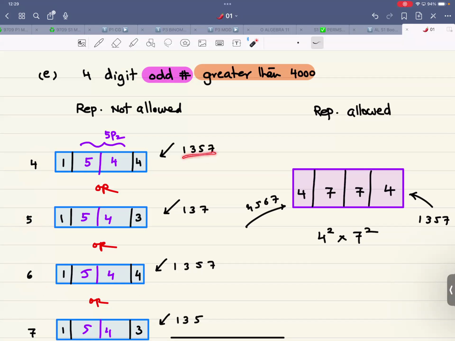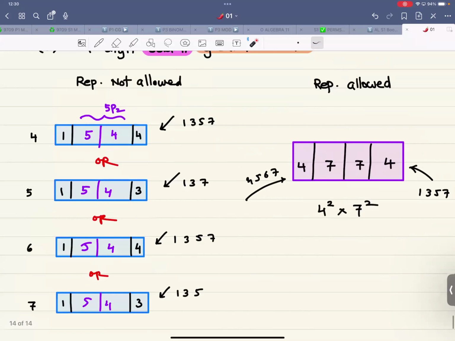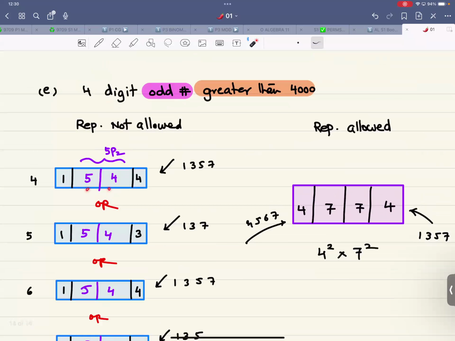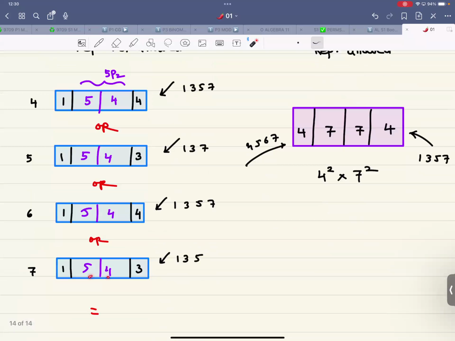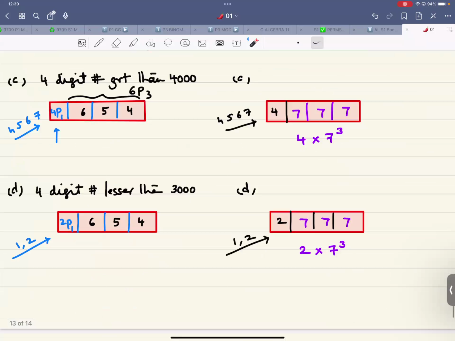There were 4 options. Repetition is not allowed. One number is less. So how many are left? 3. The same is the story with 7. Any one of the two remains. That goes like this. Either this or this or this or this. Add it all up.